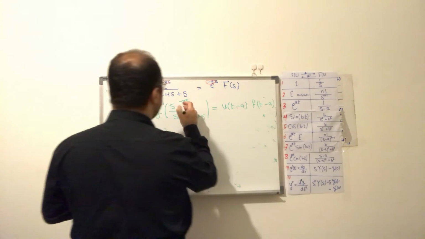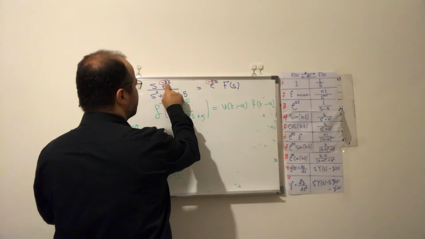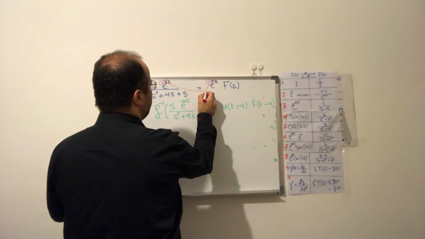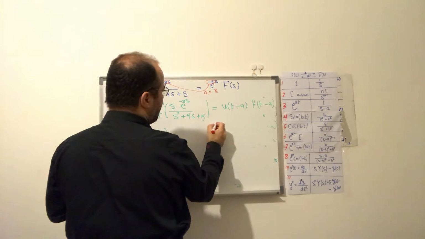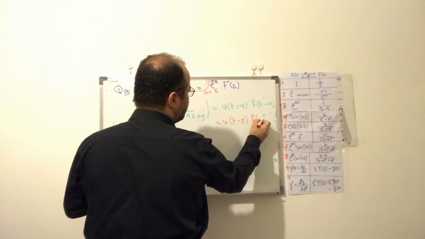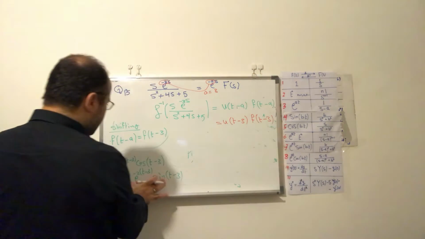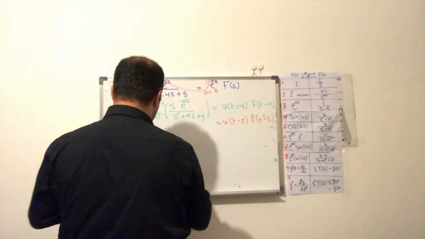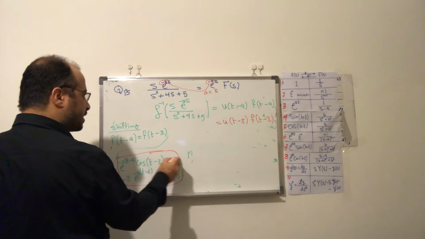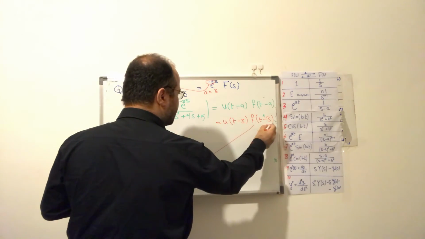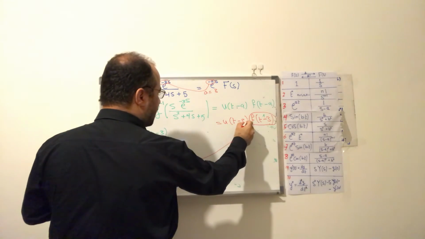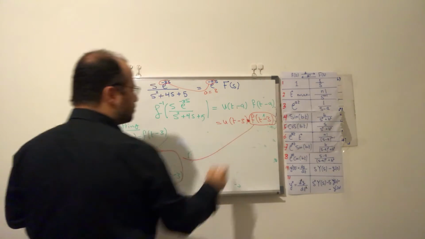We know from the beginning that a is 3. Then you have u of t minus 3, and you need f of t minus 3, and we already got f of t minus 3. Then you just take that function and put it here, and the sign between them is multiplication.